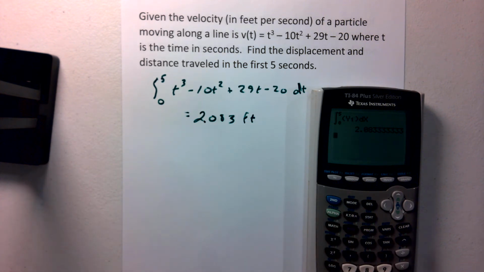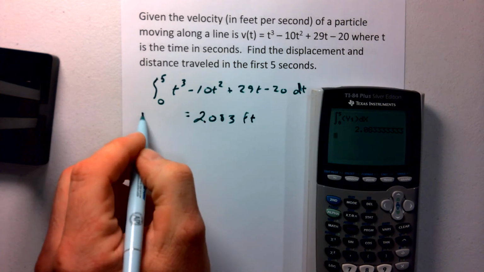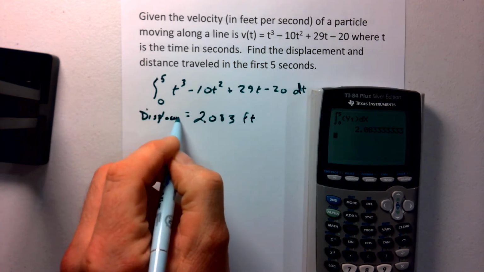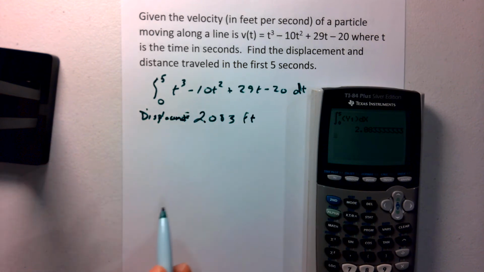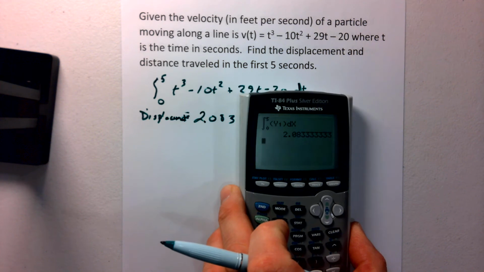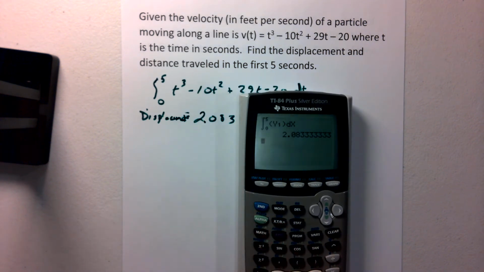Now, why is that useful as we look at our distance? So our displacement, I guess we should go ahead and list that. Displacement is 2.083 feet. So how do we come up with our distance that we've traveled? Well, we have to figure out where we have positive and negative values.